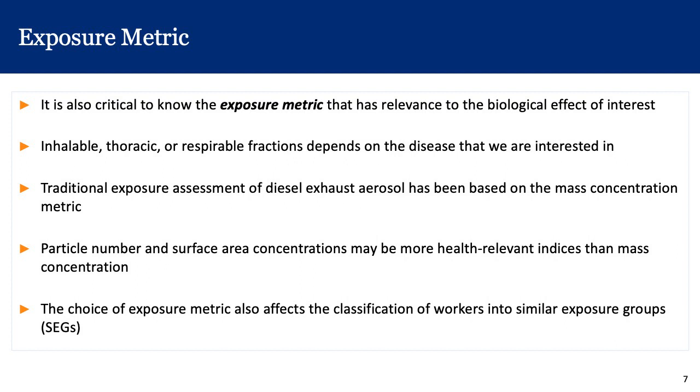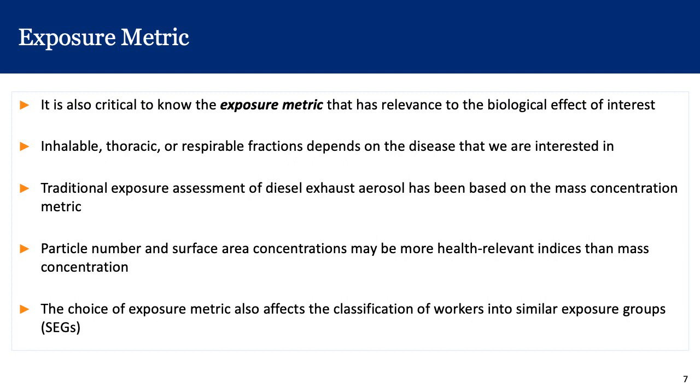One hypothesis is that it's not the mass, but the number of particles that is more important to the health outcome. And yet another hypothesis is it's the surface area of these particles and not the mass that is of relevance to the health outcome for diesel exhaust particles.